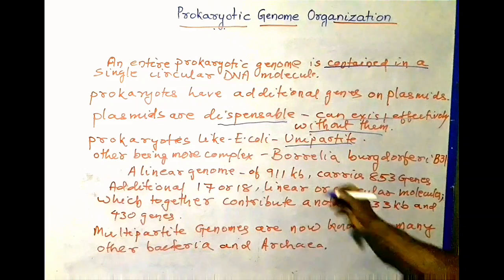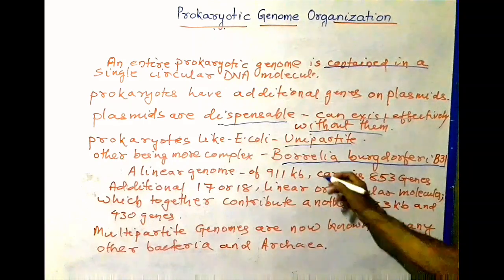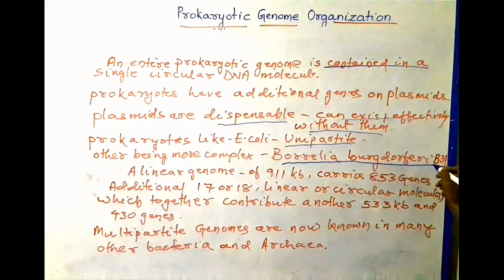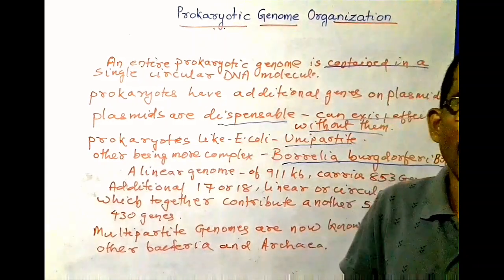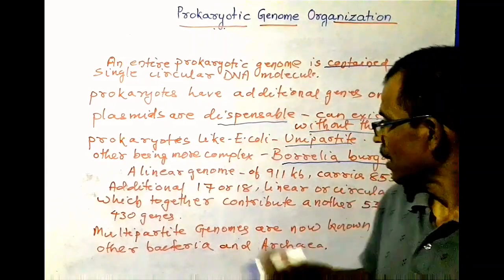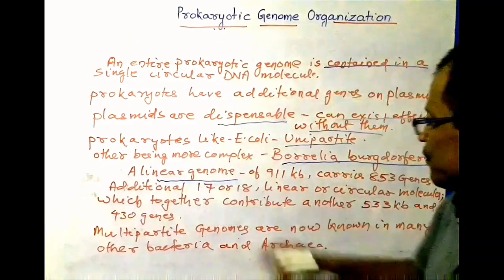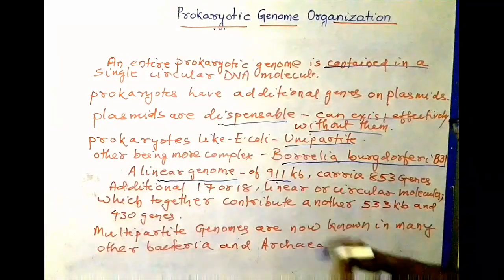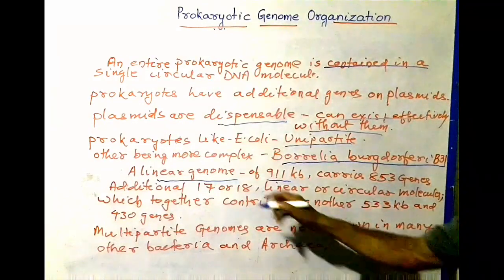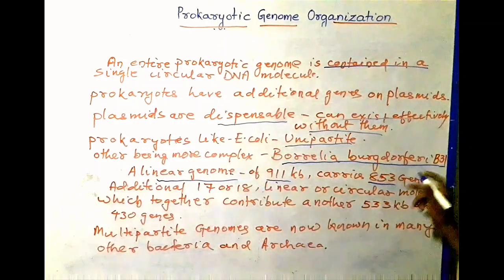Take an example of Borrelia burgdorferi B31. In this prokaryote, the genome is multipartite. There is a linear genome which contains 911 kilobase and carries 853 genes.